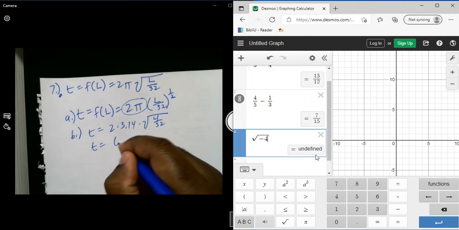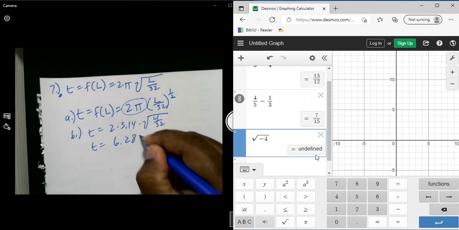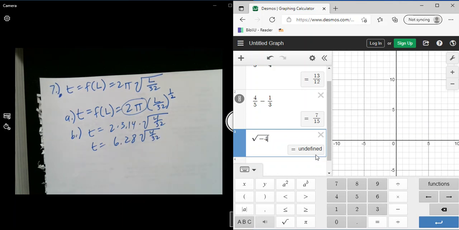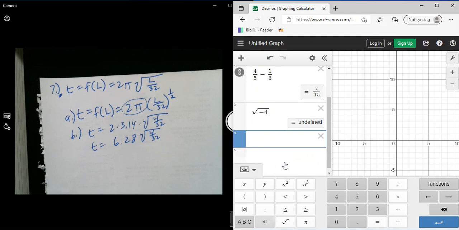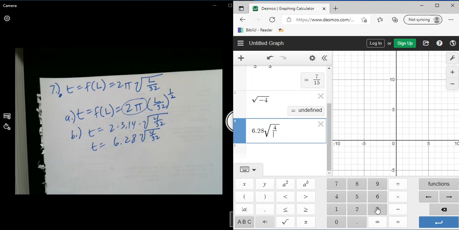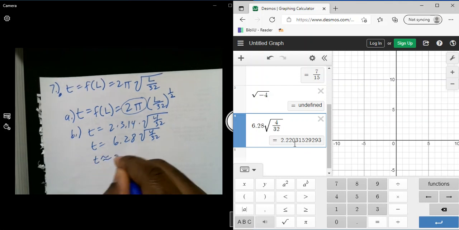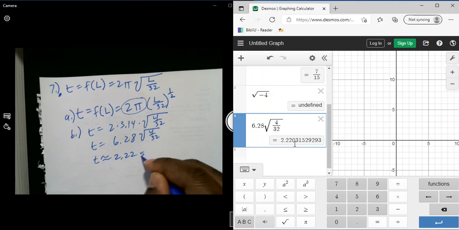So T equals 6.28 times the square root of 4 over 32. Now, in usual times, you would simplify this fraction. But because we can use Desmos, we don't need to simplify the fraction. We can just put the fraction right under this radical. So it'd be 4 divided by 32. And if you notice, it's completely submerged under the radical here. So if we round to 2 decimal places, the time would be 2.22 seconds.